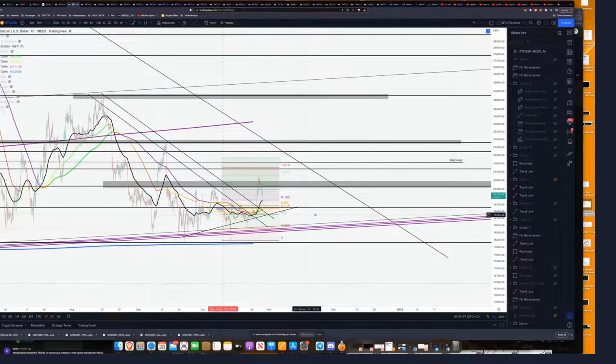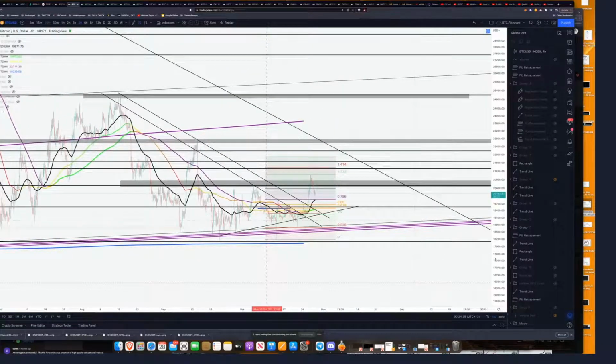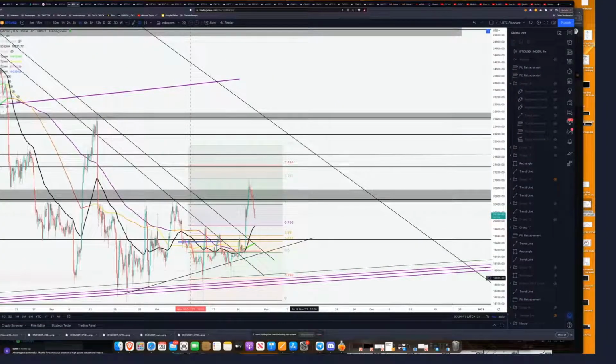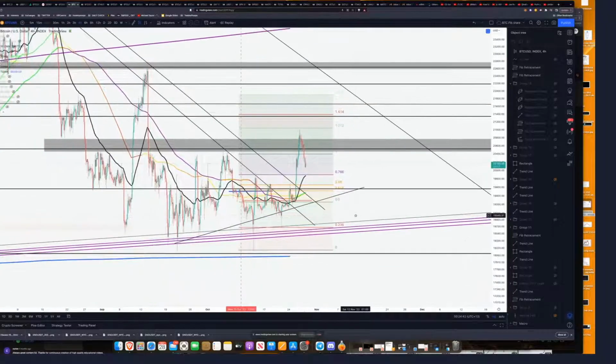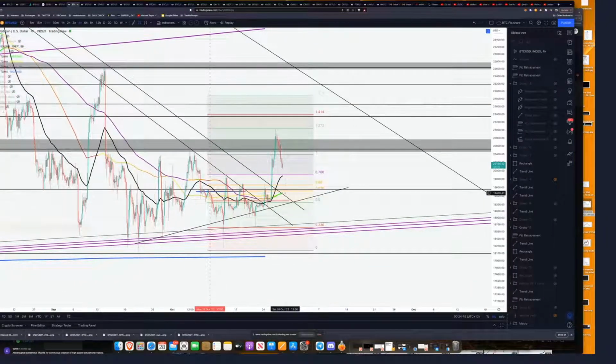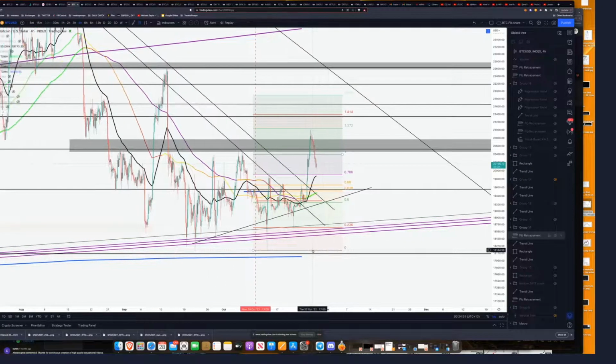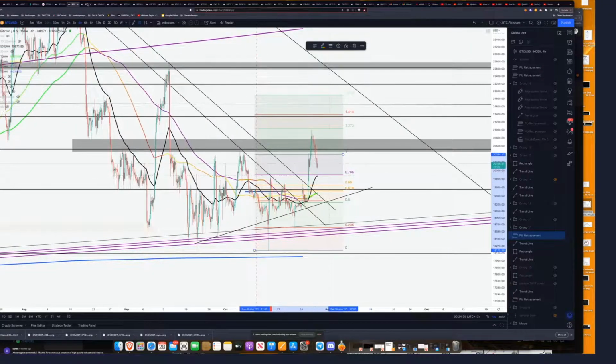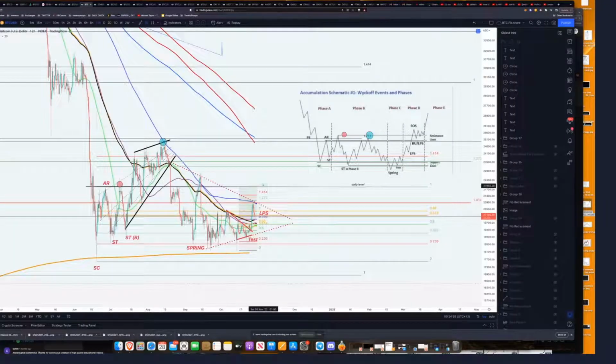Now, when we look at this on a smaller time frame, one of my methods is, okay, this was the, yep, all right. This is a different one. We're looking at this before, weren't we?